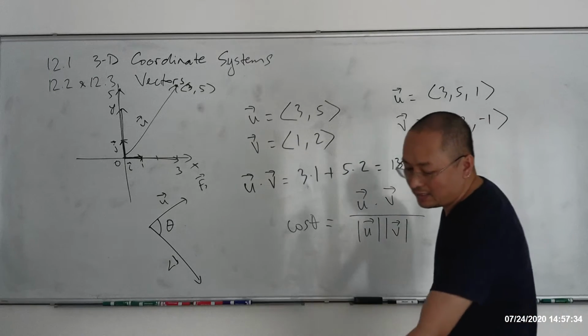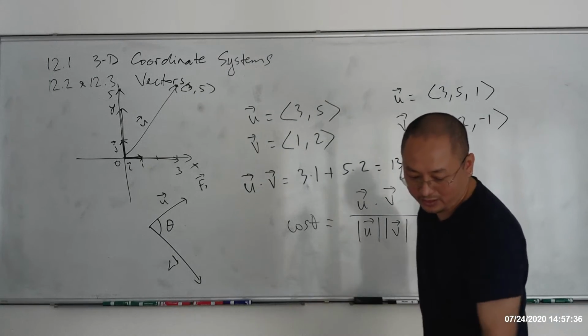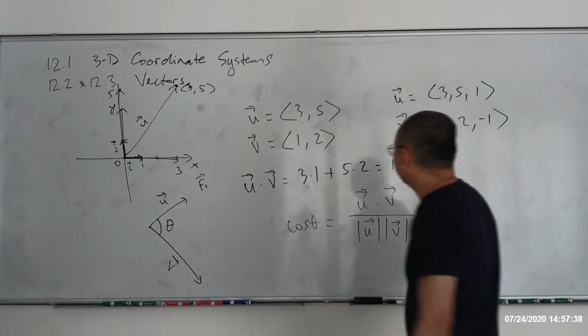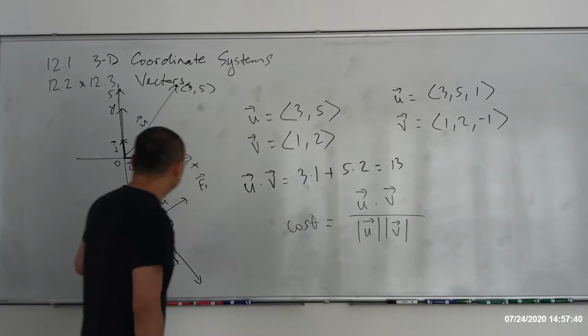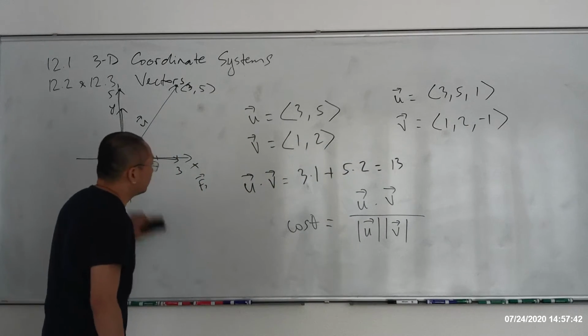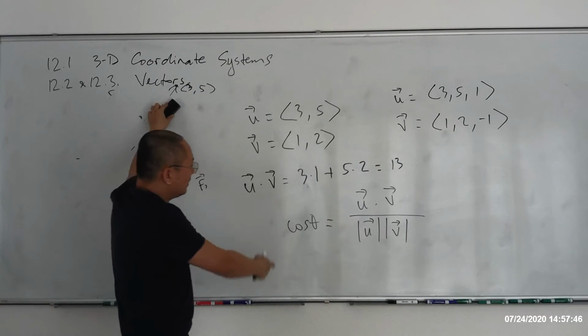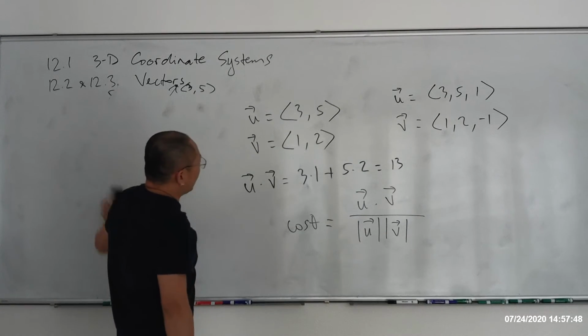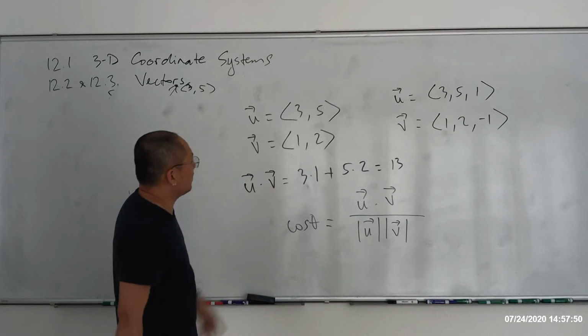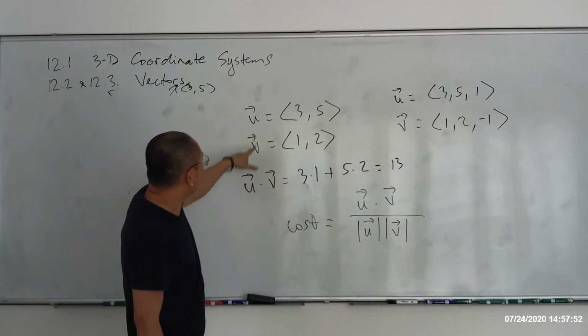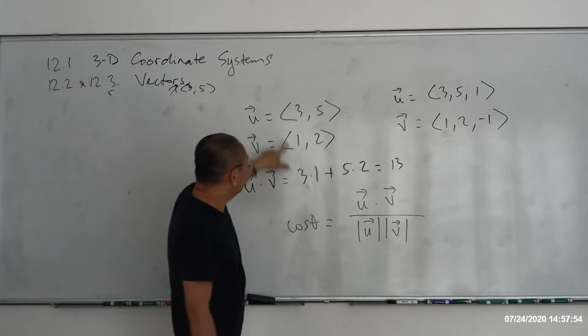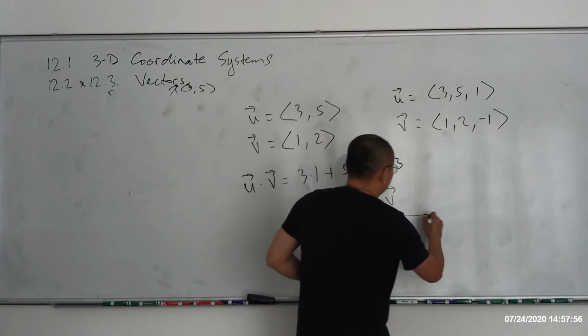Okay, last thing in this section. Let's plug in a number, say 2D right here. u dot v is 13, so the top is 13, right?